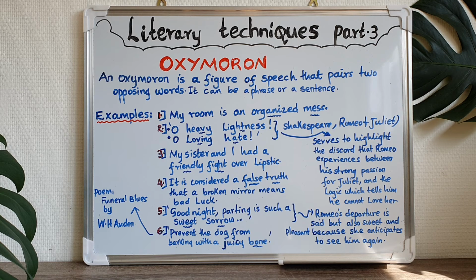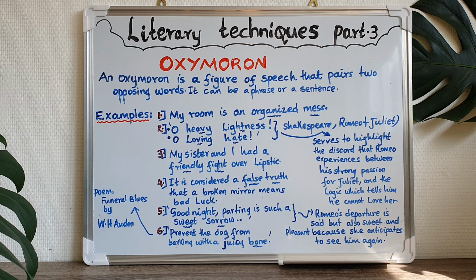And that bone will be juicy. It should be a juicy bone. So although it's a bone, it is juicy because to a dog, a bone is delicious. It is delicious, and while the dog is actually eating the bone, it begins to salivate.